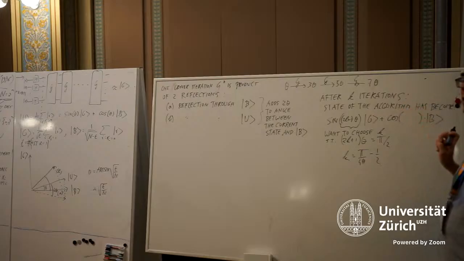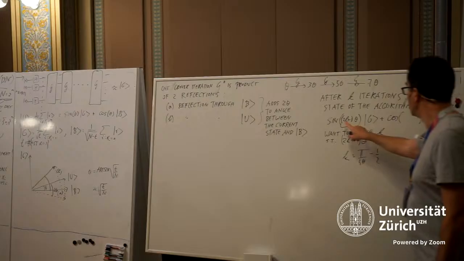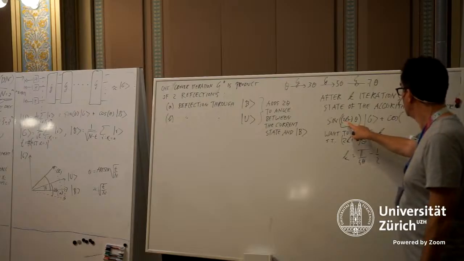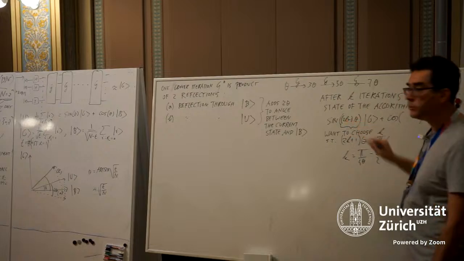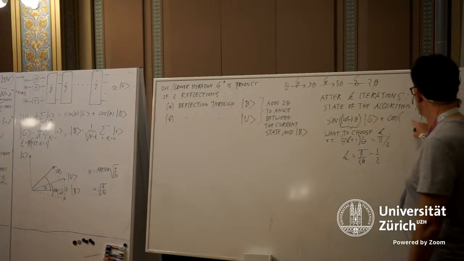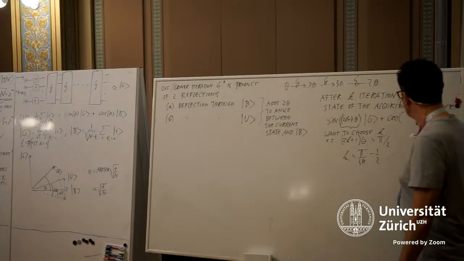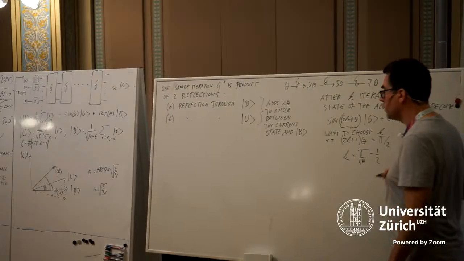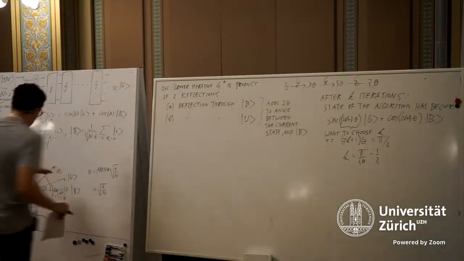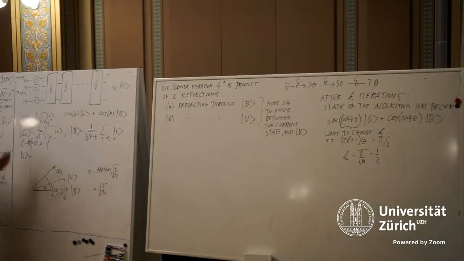So this is 2k plus 1 times theta? It's like the angle is going to be the same, and then the projection on the good state is going to be the sine of that angle, and the projection on the bad state is going to be the cosine of that angle. Back to my question. Do you want to answer my question?